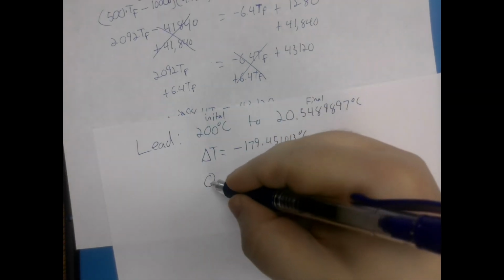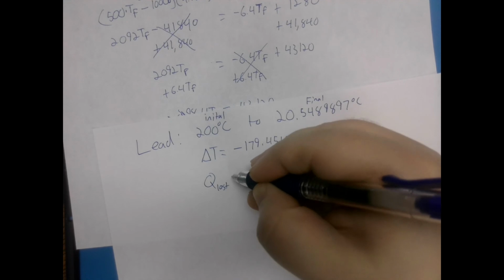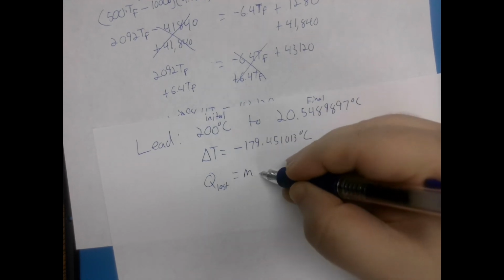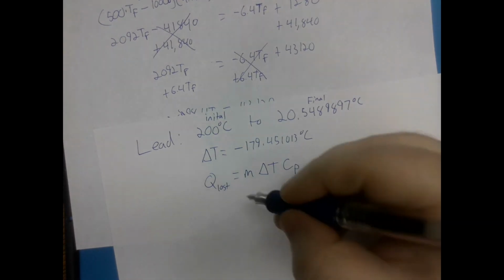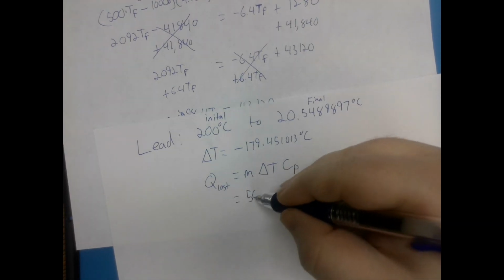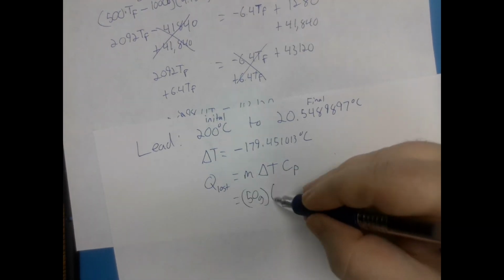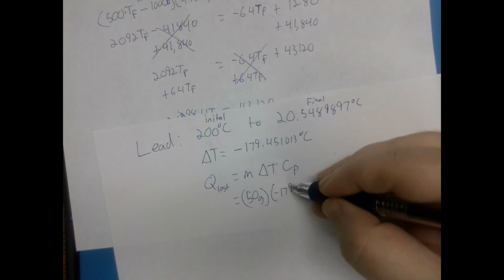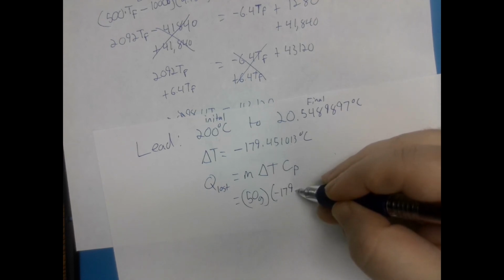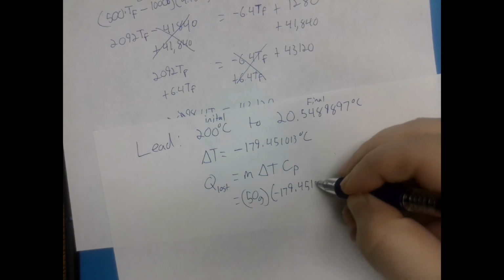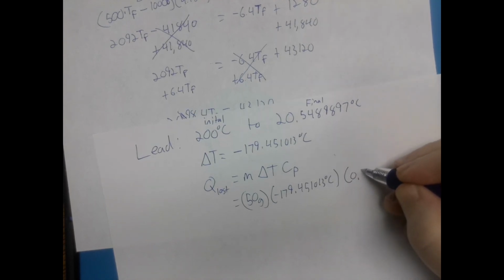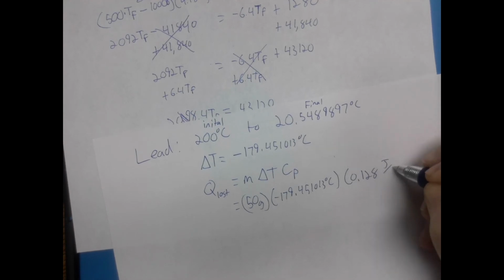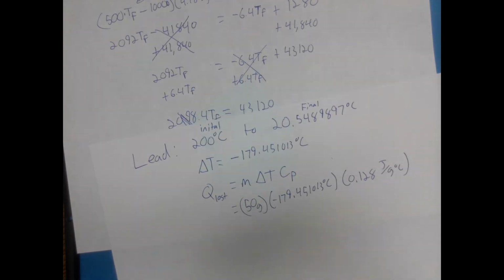So the heat lost by the lead would be equal to its mass times change in temperature times Cp. Its mass is 50 grams. The change in temperature is negative 179.451013 degrees Celsius, and the specific heat is 0.128 joules per gram degree Celsius.